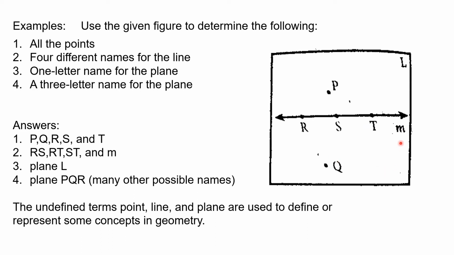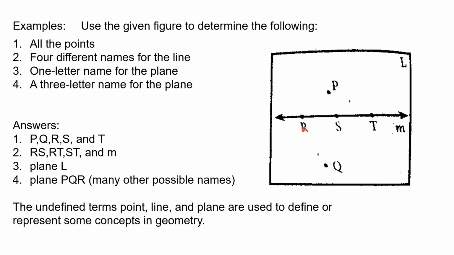Next, in naming a plane. For a one-letter name for the plane, the letter that does not represent any point, that is plane L. Next, a three-letter name for the plane. We have here plane PQR. What else?